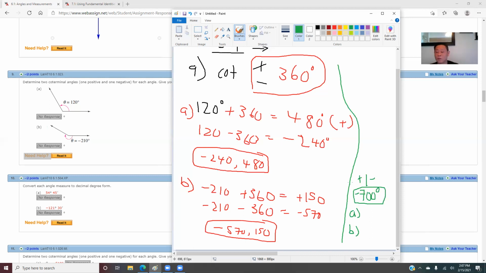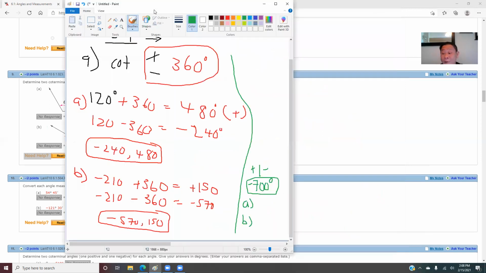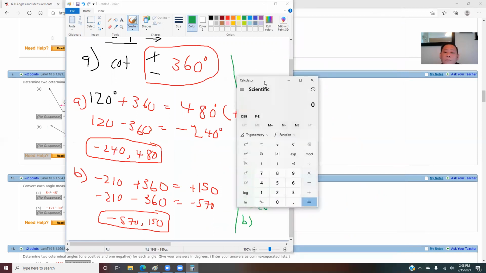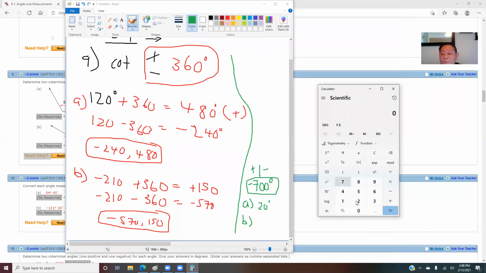Give me your answer, because I will ask you this in your test next week. Okay, I think the positive answer is 20. And negative 700. I don't know how to get the B one.